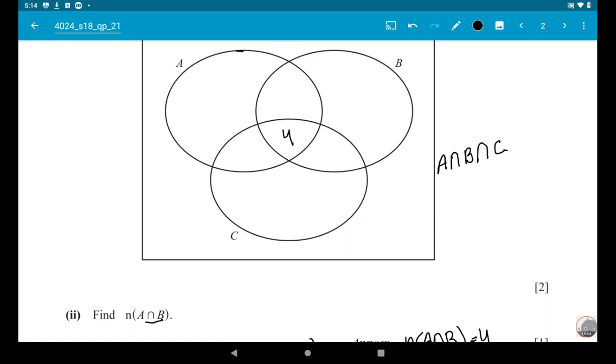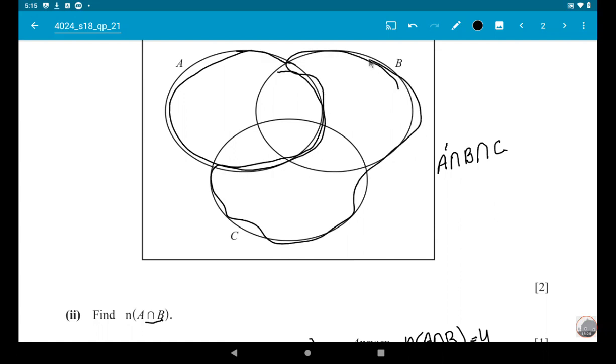So he says set notation in which one subset has no element. So if I write, for example, A complement, then if we recall our knowledge, this does not include this, only this part, okay?